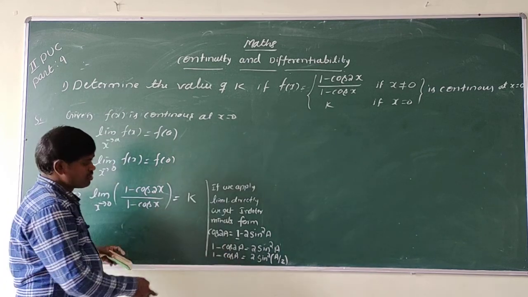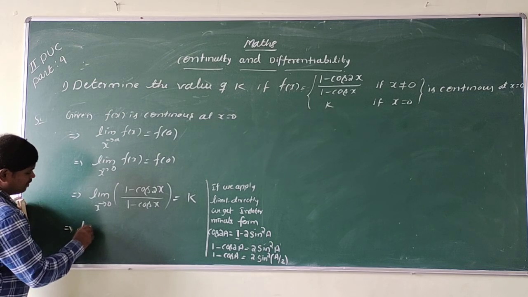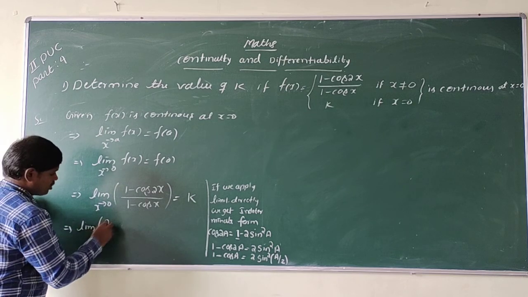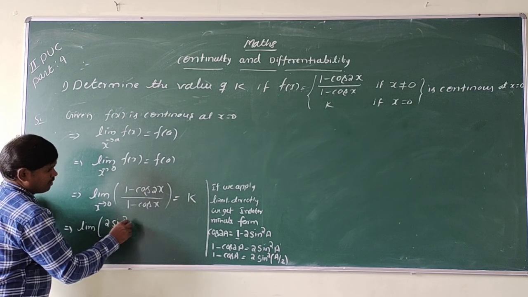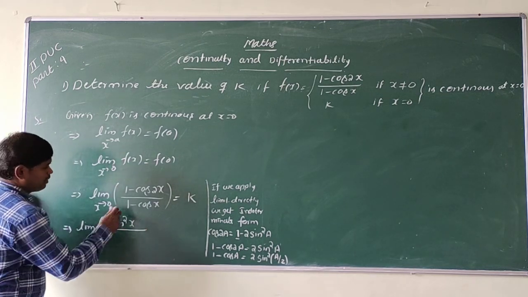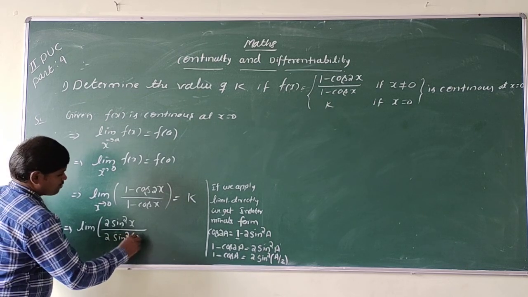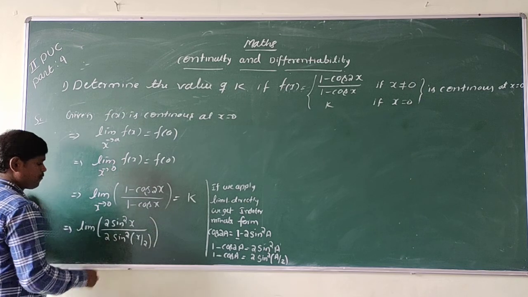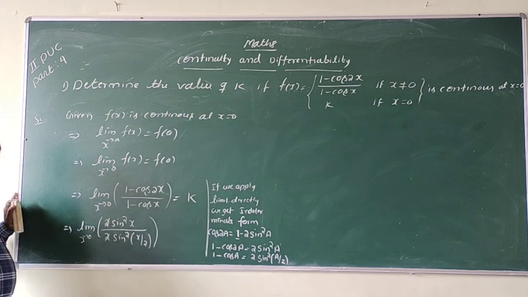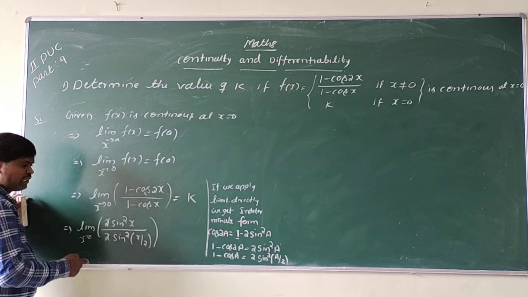Therefore the given expression becomes the limit of 2 sin square x divided by 2 sin square x by 2. As x tends to 0, the 2 gets cancelled. Here sin square x is there, and here sin square x by 2 is there.